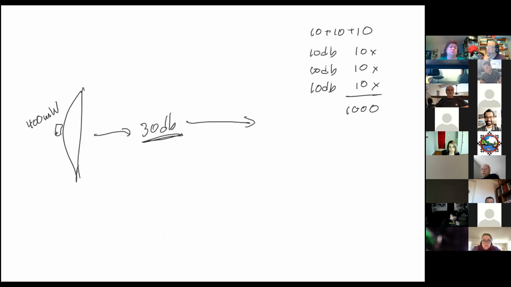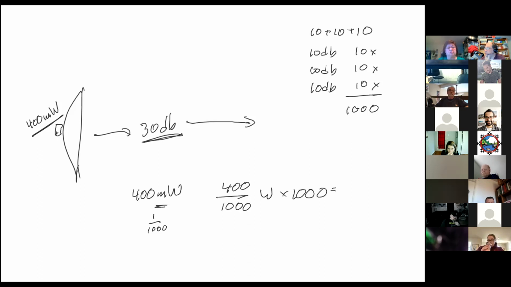Okay, and we started with 400 milliwatts. And what does milli mean? 10 raised to minus 3, or 1/1000th.